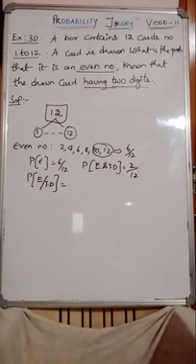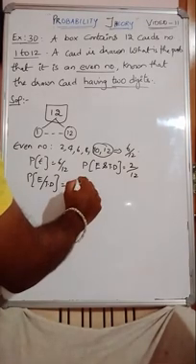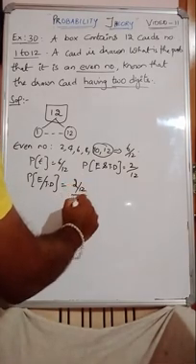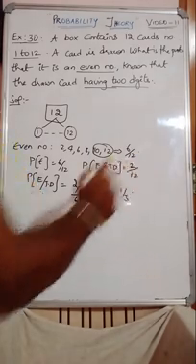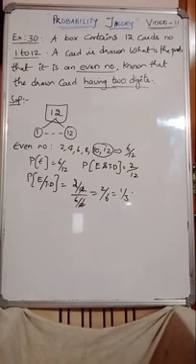Then definitely what would be the answer? 2 by 12 by 6 by 12, 2 by 6, 1 by 3. You understand, guys? So answer is 1 by 3. See, for the competitive examination, this much works. Is it clear?